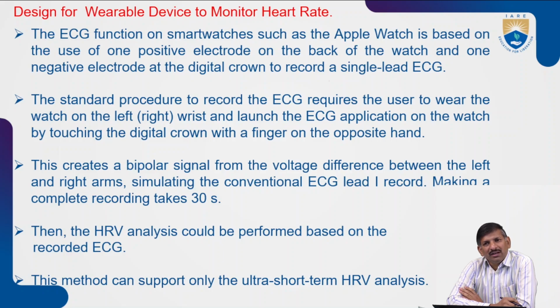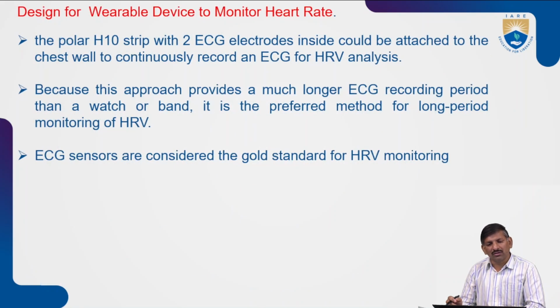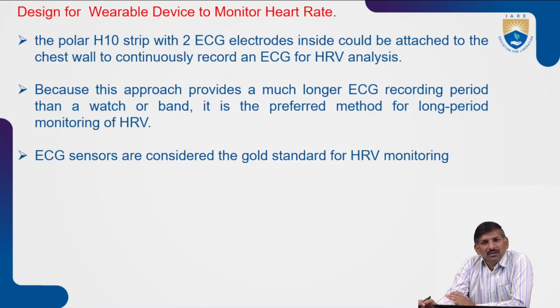Then the HRV analysis could be performed based on the recorded ECG. This method can support only ultra short term HRV analysis. By using this method we can measure the heartbeat and control the flow. The Polar H10 strap with two ECG electrodes inside could be attached to the chest wall to continuously record an ECG for HRV analysis.